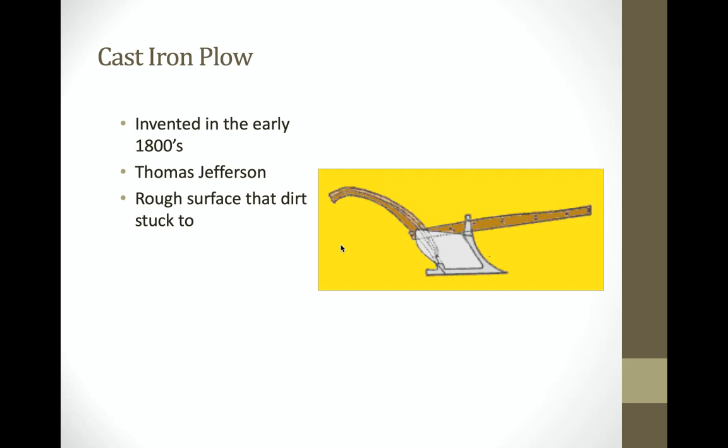But if you're in our part of the state where there's a ton of clay, just imagine the weight of those heavy, heavy skillets being multiplied in size to be the size of a plow and then having to guide it through the sticky clay. So, great invention, but it just needed a little bit of tweaking to get it better. And we're going to see how it got made better in just a couple of slides.